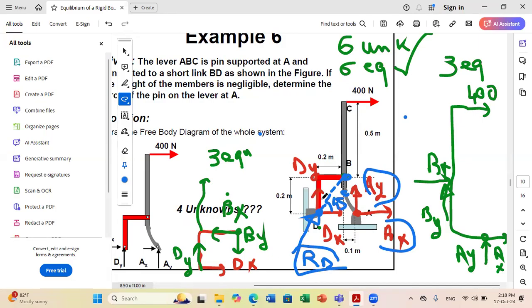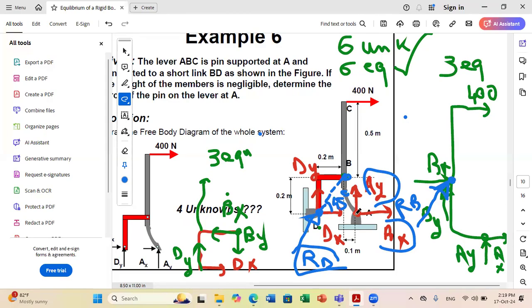Now, if you pay attention well to your figure, consider member ABC. First at B, you know the direction now. It's making 45 degrees with the horizontal. So this is RB. But this system is a three-force member. Why?